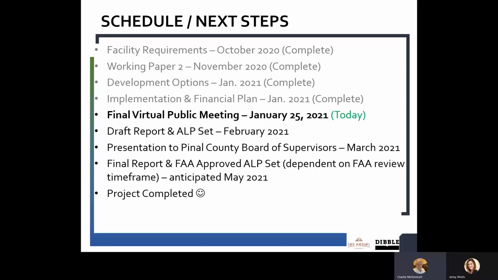Once we get approval from the Board of Supervisors to submit the final report, it will go to FAA for their review and approval. What the FAA will do is they approve the airport layout plan drawing itself. So that becomes the funding tool that Pinal County will use as we move forward to complete the development that has been proposed.